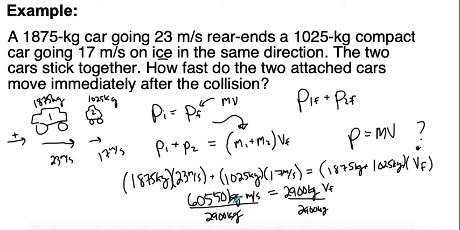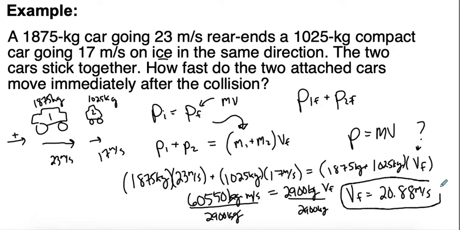Kilograms are going to cancel out, and we'll be left with meters per second, which is what we're looking for in the end. So we take 60,550 divided by 2,900, and we get 20.88 meters per second. So after they collide and start moving together, they're both going 20.88 meters per second.